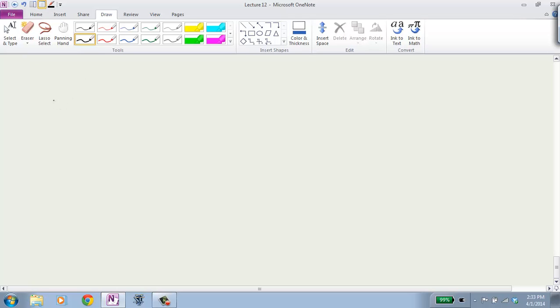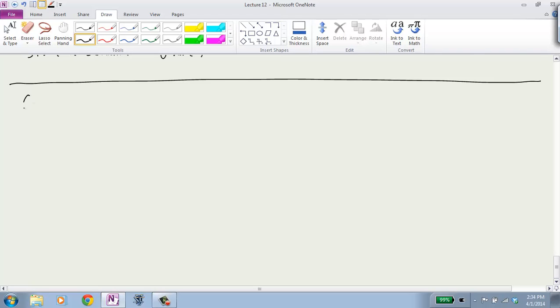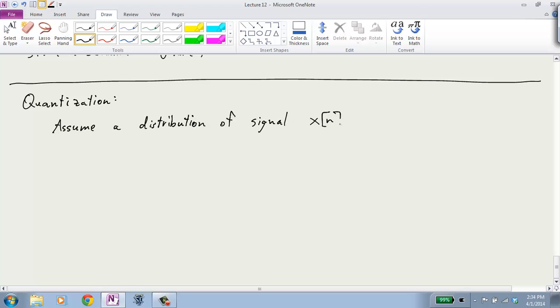So suppose we have a distribution, so we need to assume a distribution of our signal. So we have some discrete time signal now that we're going to quantize.